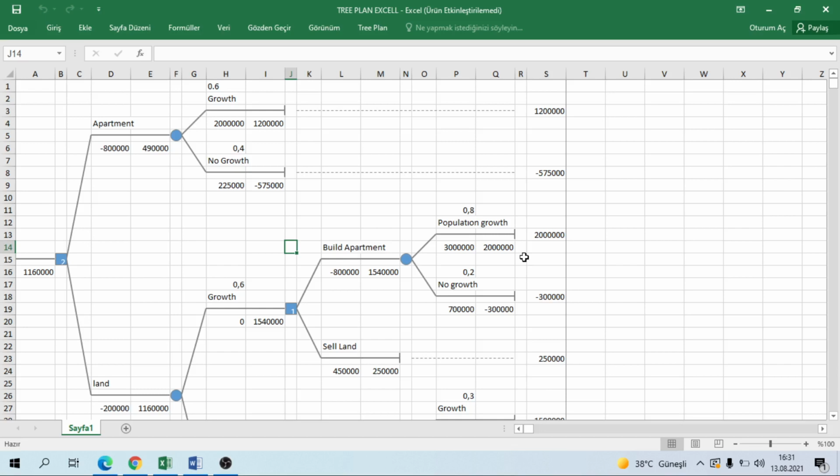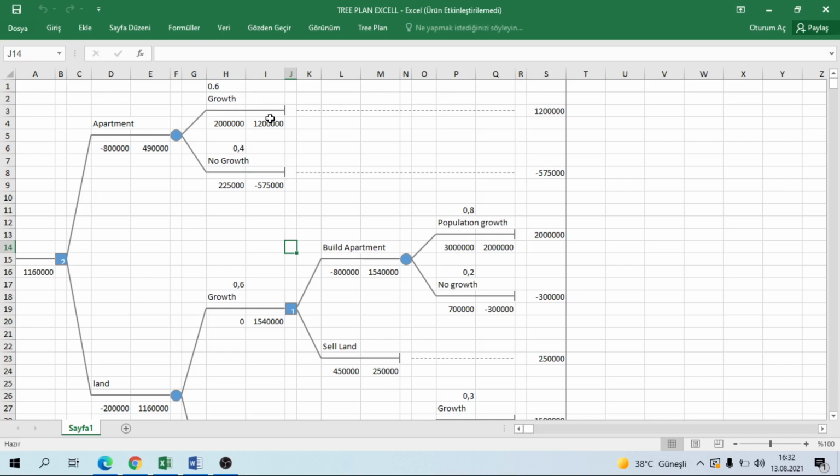If you are purchasing an apartment, these options have a minimum value, as I said, 0.4 with a loss of city population, and another option is an increase in the city population by 0.6, as you see here.